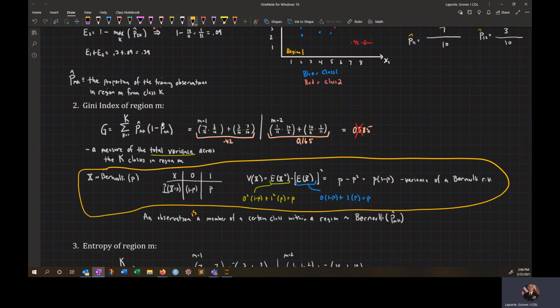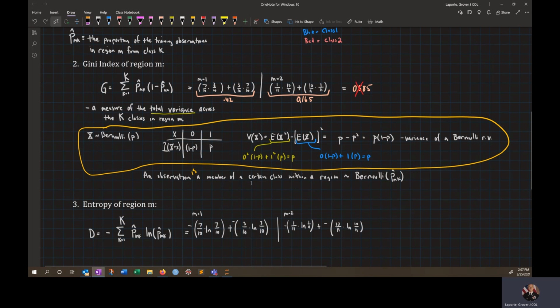In this case, what we're talking about is the probability that you're actually in one of the classes. So either in the class or you're not in the class, with probability P and probability 1 minus P. And this is the estimate for that Bernoulli random variable in that particular region, and it's all based on the proportion of training points that are in that region that we broke it up into.